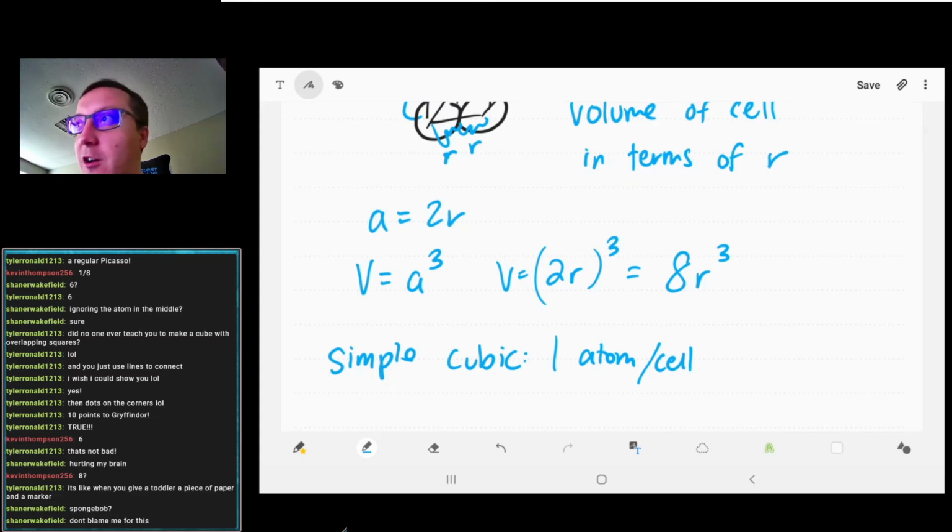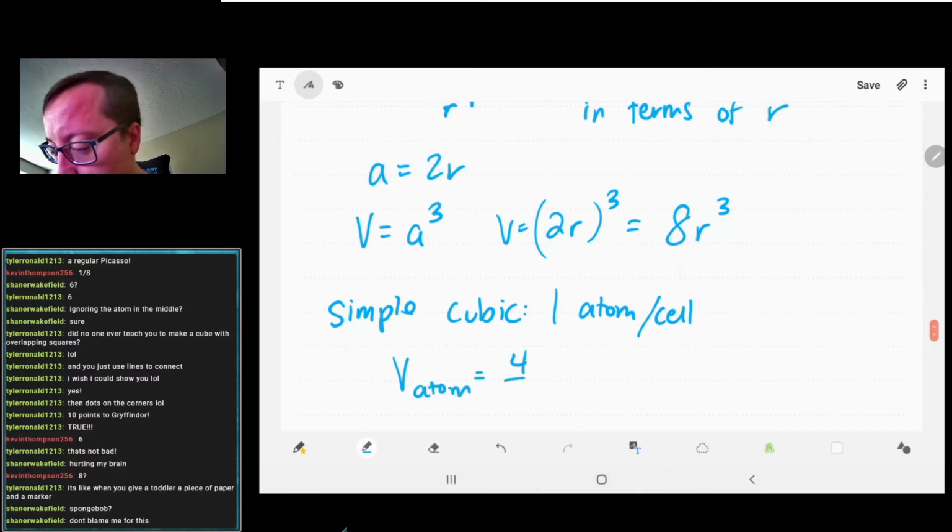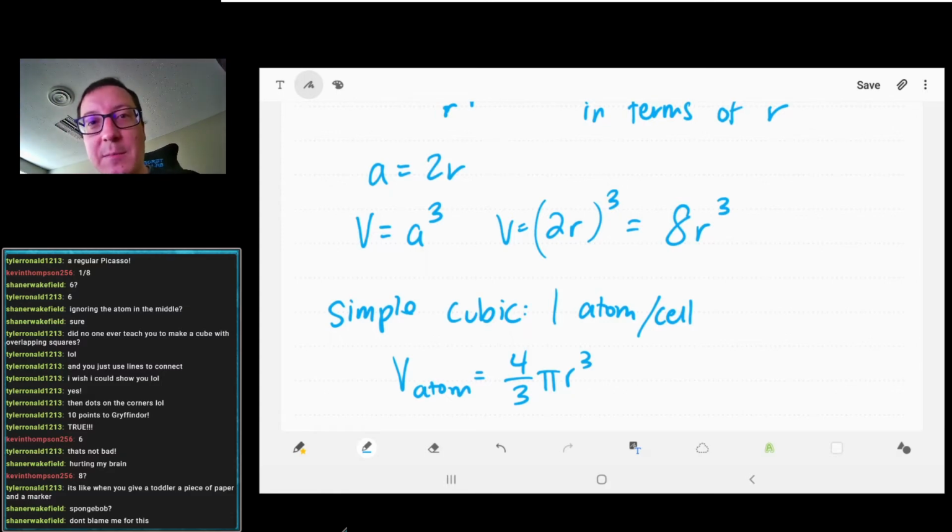The volume of an atom, if we're assuming it's spherical, would just be the volume formula for a sphere. So with that in mind, we're going to be able to see what the packing efficiency is going to be. How many atoms can we fit into this unit cell? How much of it is going to be empty space? How much of it is going to be actual atoms?